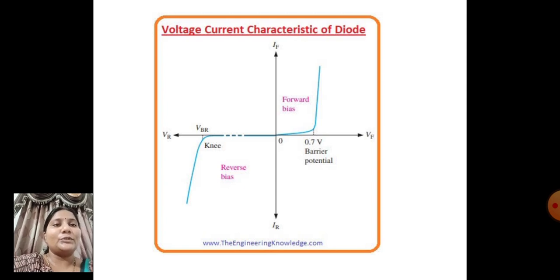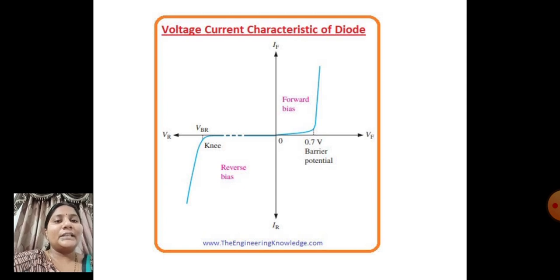So in forward bias, current conduction starts at the knee voltage, 0.7 volts or sometimes 0.3 volts, and in the same way, in reverse bias, a very little amount of current, in microamperes, conducts at the breakdown voltage VBR.